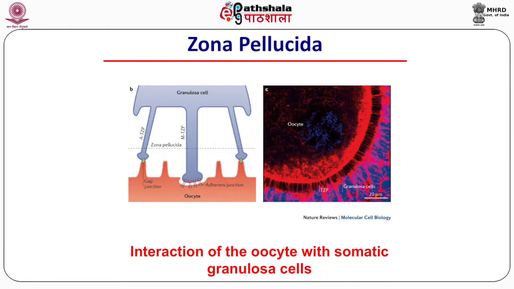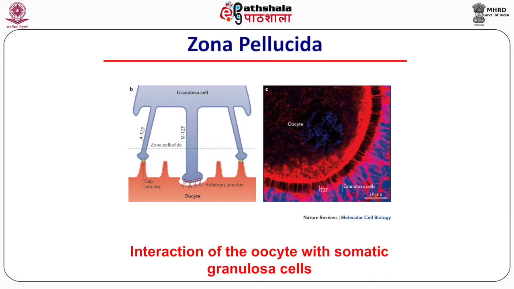However, some cytoplasmic connections pass through the zona pellucida connecting the oocyte to the cumulus cells. This zona pellucida is made up of glycoprotein molecules which are secreted by the oocyte itself during oocyte development.